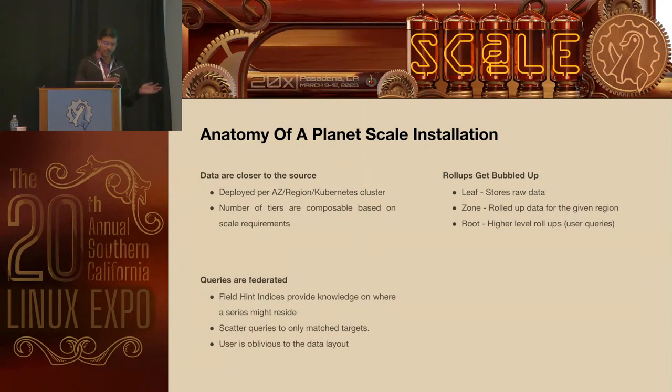So what the paper talks about is having something called a field hint index. The field hint index, in a very naive way, is nothing but a bunch of Bloom filters saying that on this cluster, pod equal to A exists. On this cluster, pod equal to B exists.